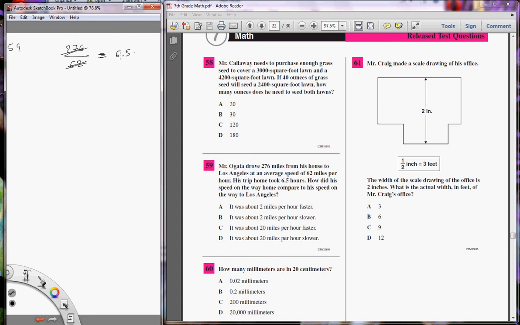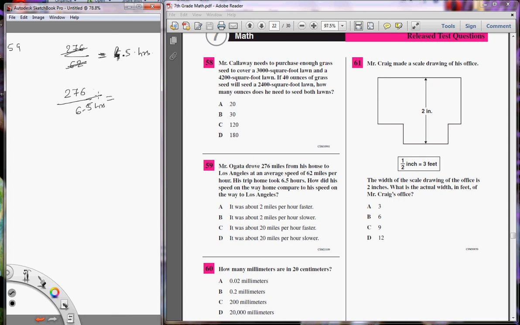Around 4.5 hours he took to drive over there. And when he came back, the distance is the same, 276 miles, but this time he took 6.5 hours.